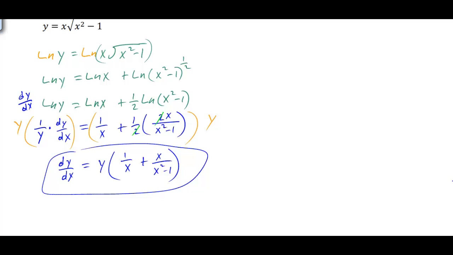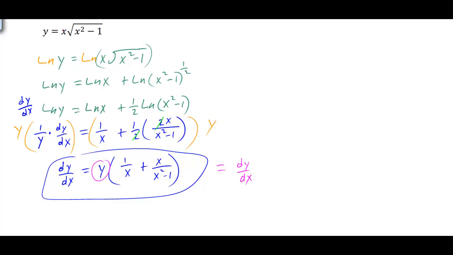Sometimes, though, you will see this written as dy dx. And then in place of the y, we know that y is actually equal to x times the square root of x squared minus 1.